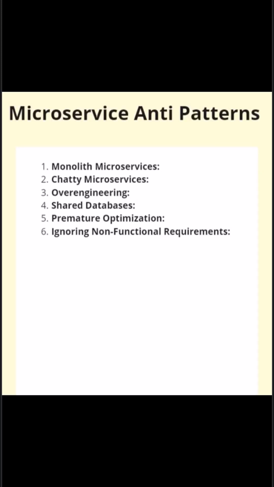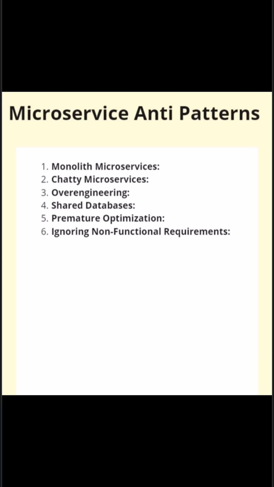So let's discuss microservices anti-patterns. Some practices can lead to inefficiencies, complexities, and even failures. These include a monolithic mindset, where microservices are treated like traditional monolithic applications, chatty microservices, over engineering, shared databases, premature optimization, and ignoring non-functional requirements.